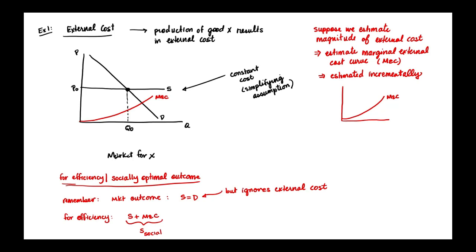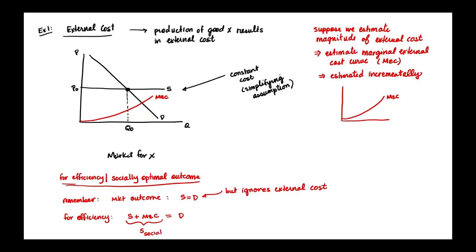So we've generated a social supply curve. And then we want to set it equal to what? The demand curve. Right? Everything has to be some version of supply equals demand, right? So keep that in mind.